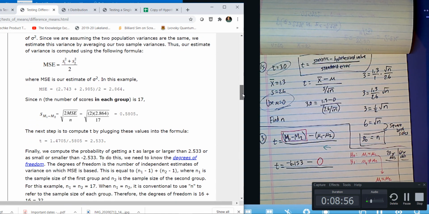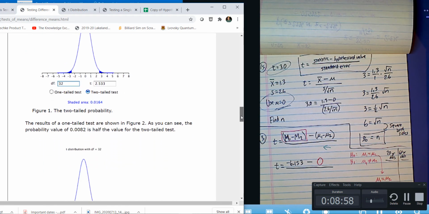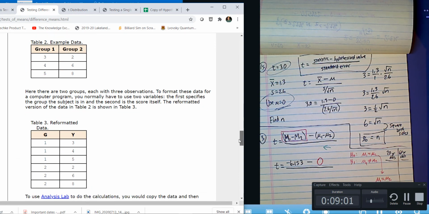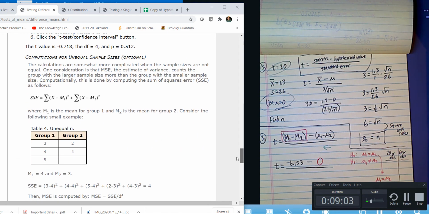Now, because we're in a special situation where the number of data points are different, we're in this special section at the bottom, computation for unequal sample sizes.